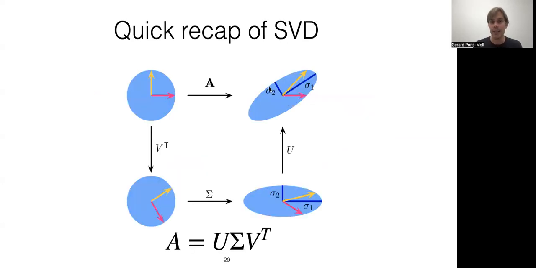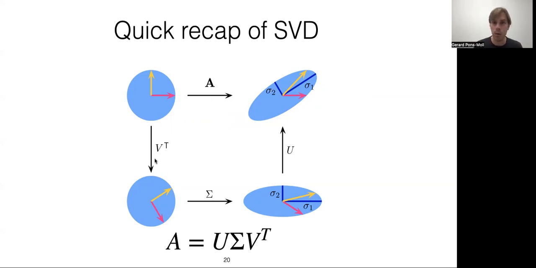To understand how the Procrustes algorithm works, we first need to see a recap of SVD, which I assume that you're familiar with. So the SVD theorem tells us that any linear mapping A, any matrix A, can be decomposed as the composition of three transformations or three matrices.